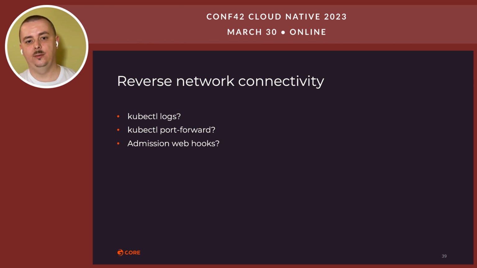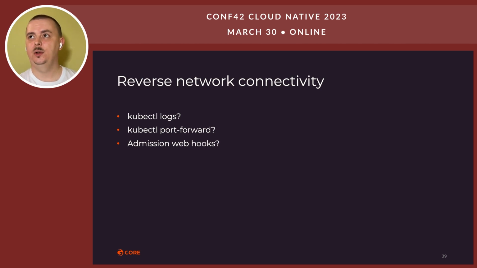But what about the reverse connectivity? What if someone would like to type the command kubectl logs? What happens when you do that? Your Kubernetes API works as a proxy to the kubelet and shows the logs from the kubelet. So kubelet can get the logs from the node. What if someone would like to use a port forward? It's pretty much the same.